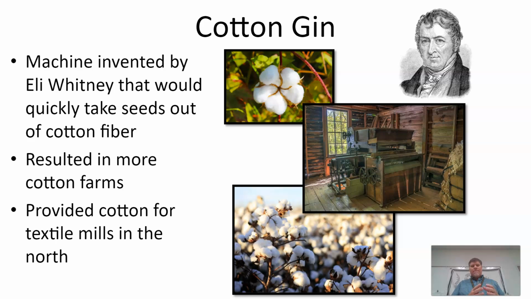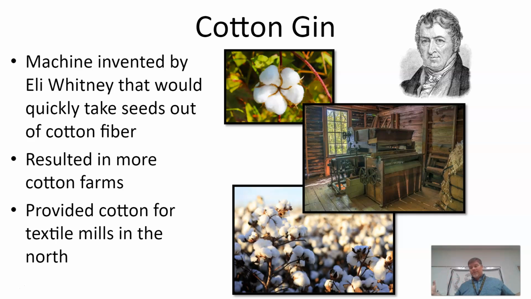Whereas before it would take one person a day to clean just 1 or 2 pounds of cotton, now with a cotton gin, and as the cotton gin gets more and more refined, you can clean maybe 100 pounds of cotton in a day. And so you're able to clean much more cotton much more efficiently and quickly. And that was the kind of holdup in cotton production.